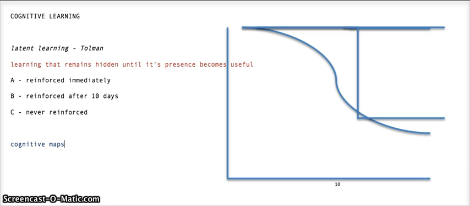Those cognitive maps are mental images of the layout of your environment. So all of the mice were creating a cognitive map, but only the ones that were getting a reinforcement decided to show that they had this cognitive map created. So that is latent learning.